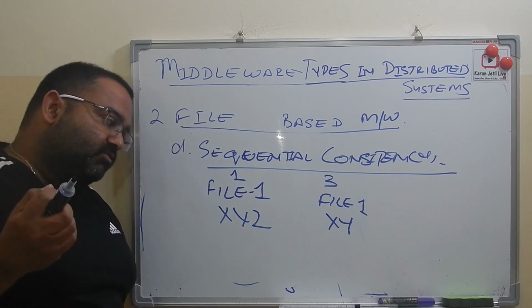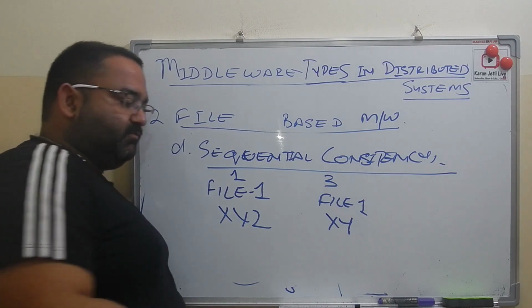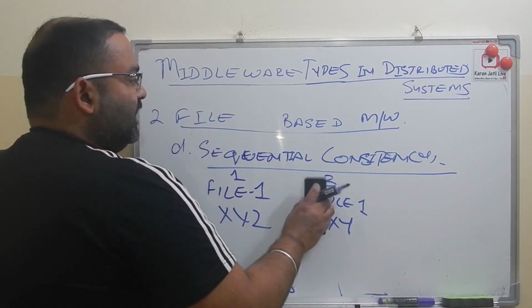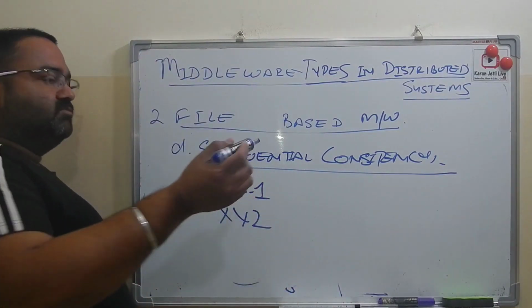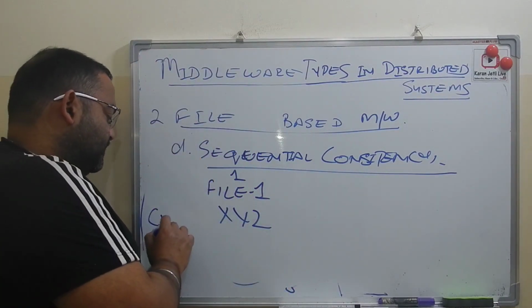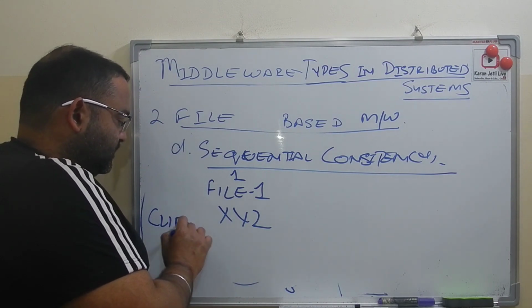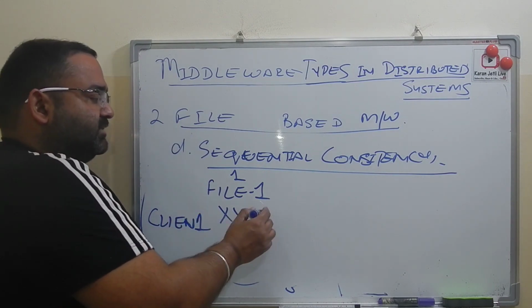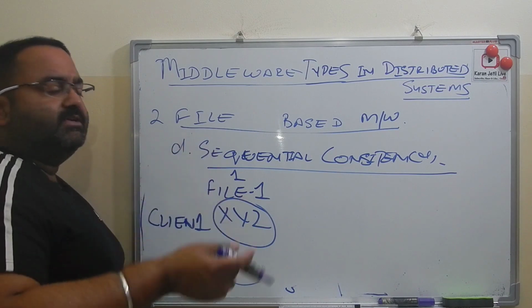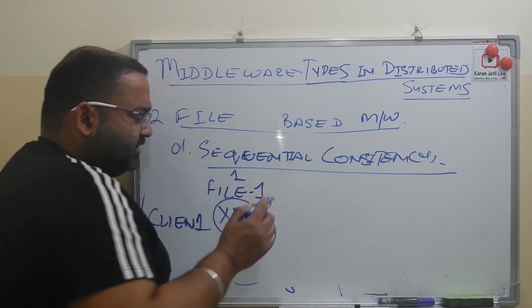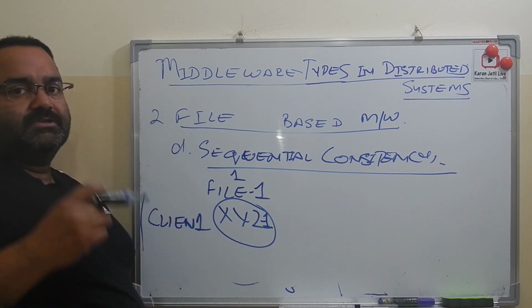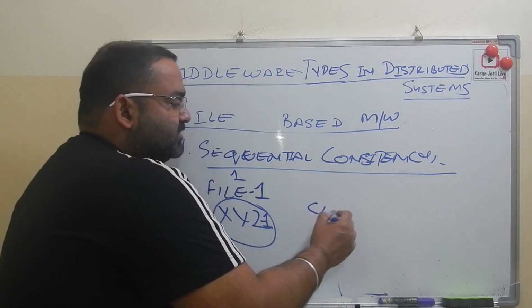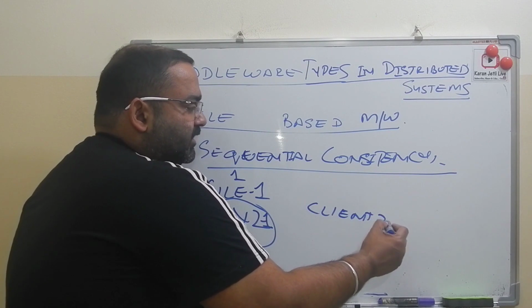So what happens in sequential consistency? Suppose file 1 at location 1 is modified by a client. We have client 1, it accesses this file and modifies it, making it XYZ1. After the modification, we have another client, client 2.